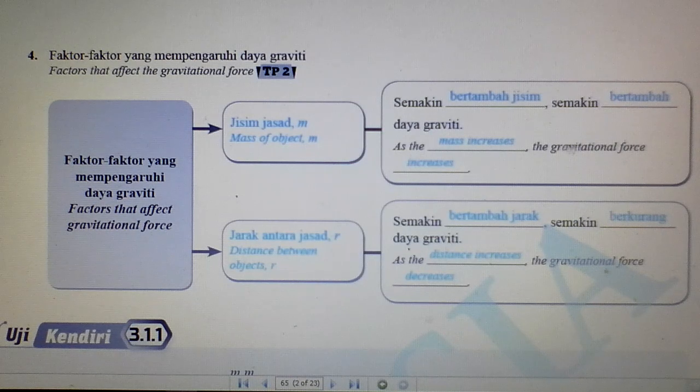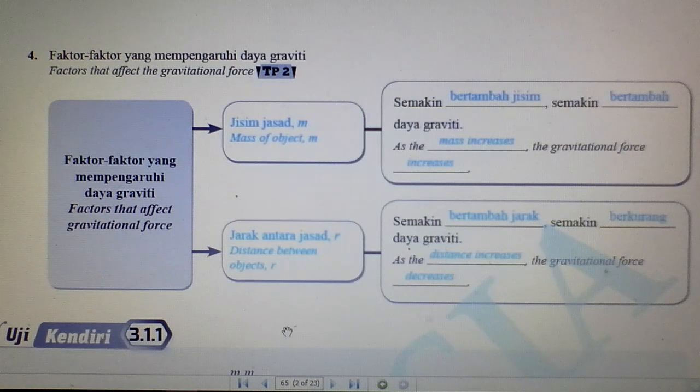As the mass increases, gravitational force increases, because earlier we discussed that F is directly proportional to m1 times m2. As the distance increases, gravitational force decreases, because F is inversely proportional to r squared. That is the reason for the factors that affect gravitational force.